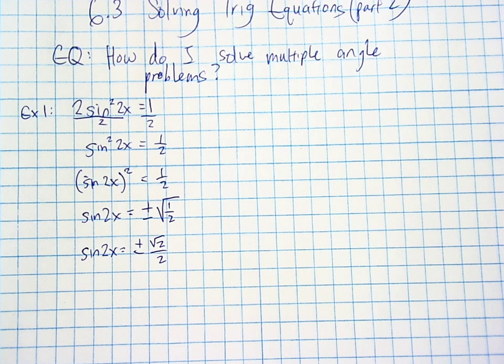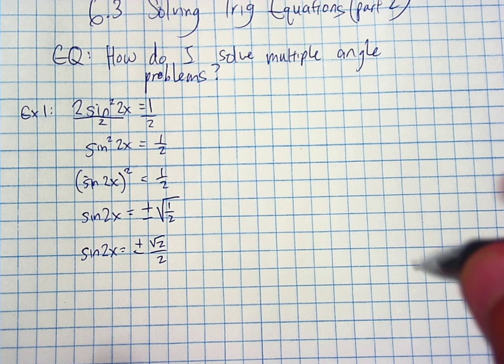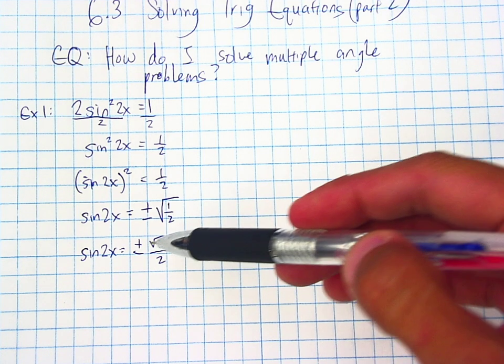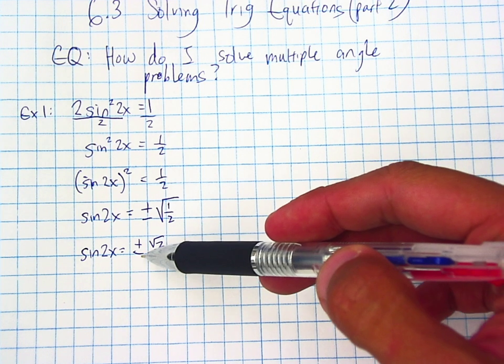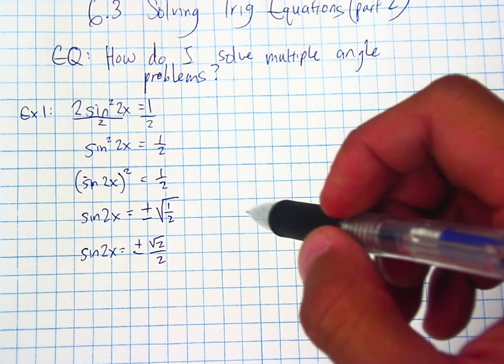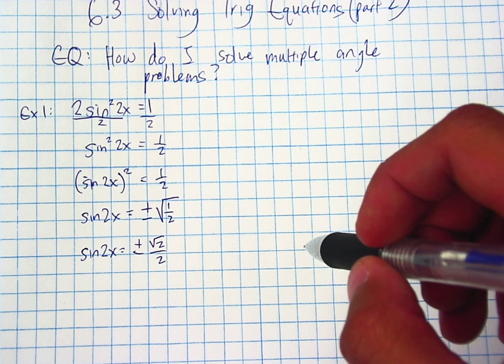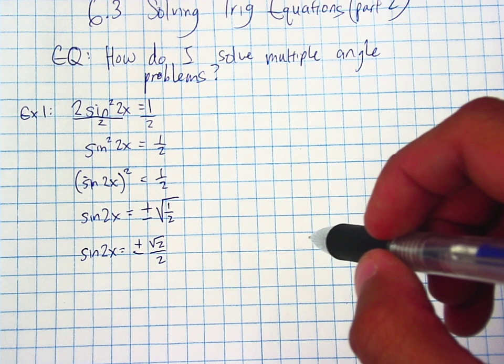Okay, so at this point, I have to ask myself, where is sine plus or minus radical 2/2? If I look at my unit circle, sine is positive radical 2/2 and negative radical 2/2 at 4 places. And the 4 places are pi over 4, 3 pi over 4, 5 pi over 4, and 7 pi over 4.